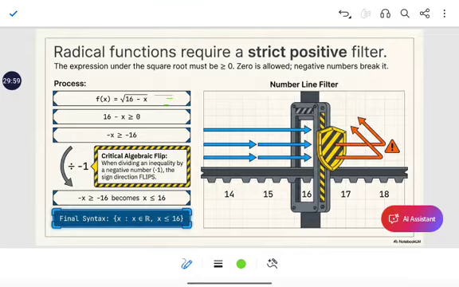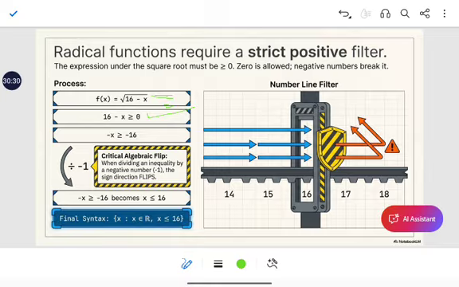I want you to remember what is the name given to the expression under the root sign. So we are saying that for a radical, the f of x, the expression under the square root must be greater or equal to 0. Okay, so this is the rule.